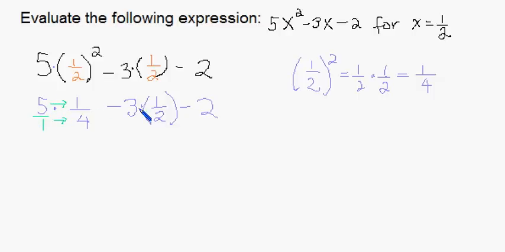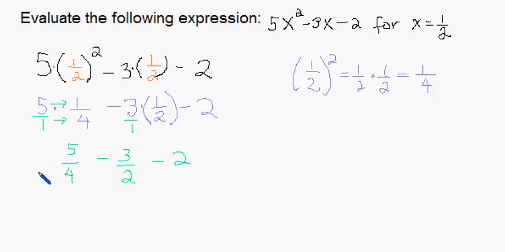Same thing with this 3. So we're left with 5 times 1, which is 5, over 1 times 4, which is 4, minus 3 times 1, which is 3, over 1 times 2, which is 2. And here we have a minus 2.